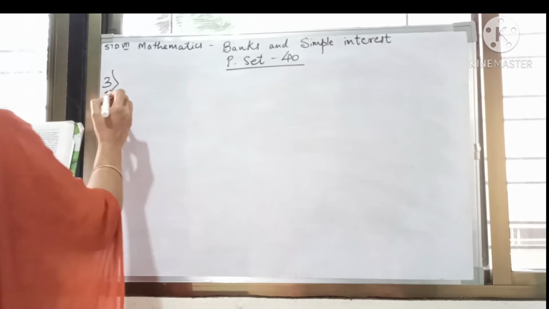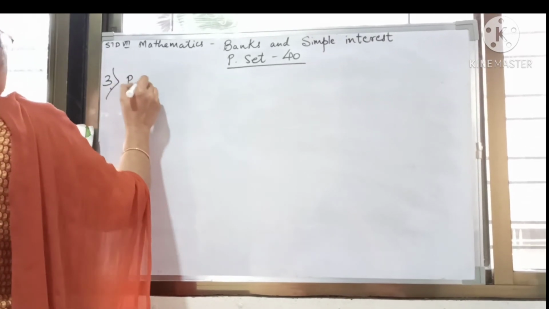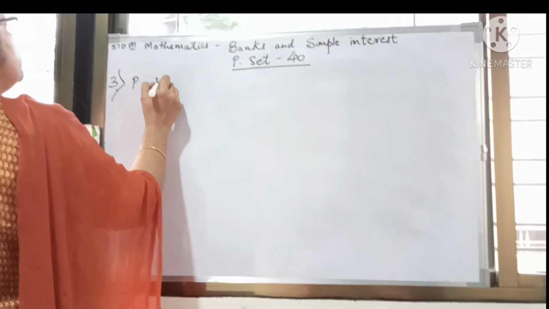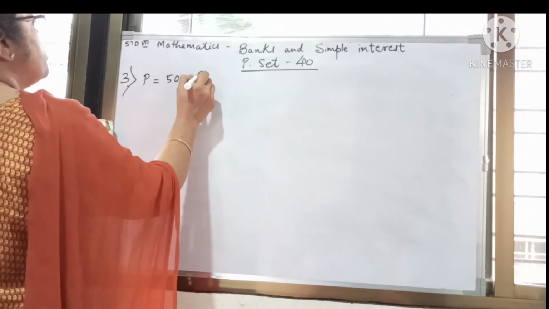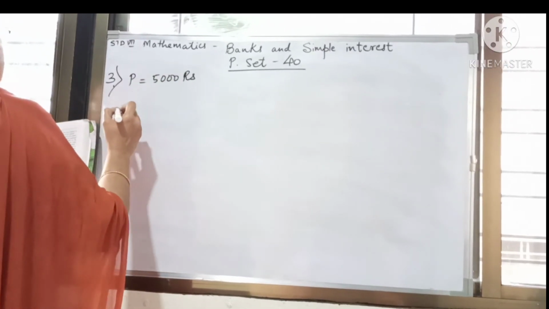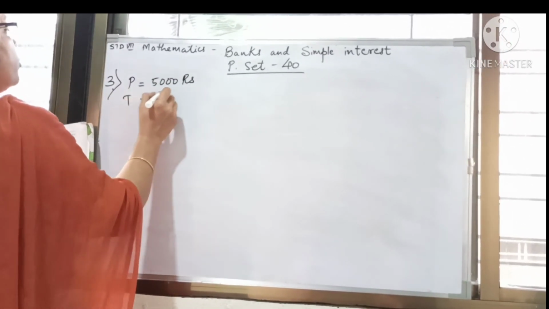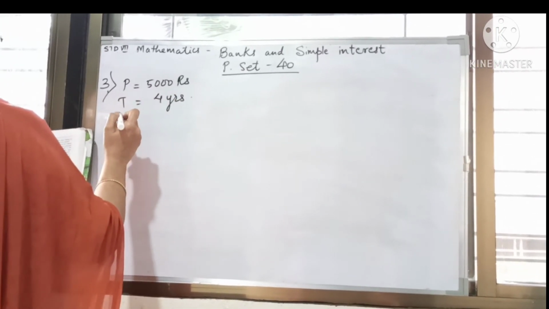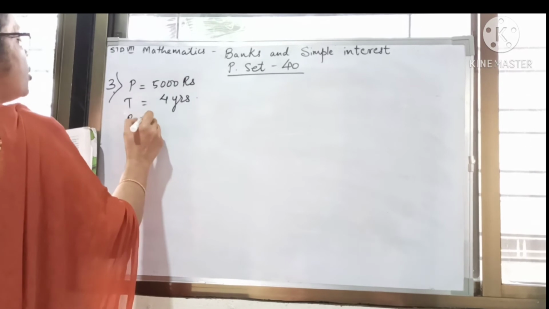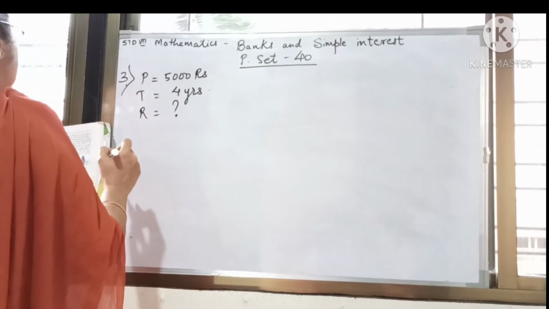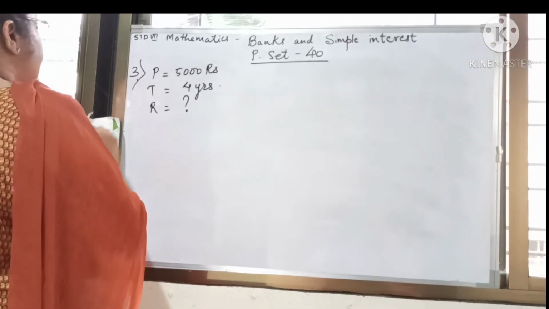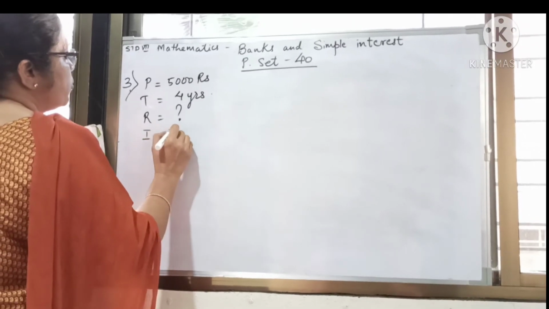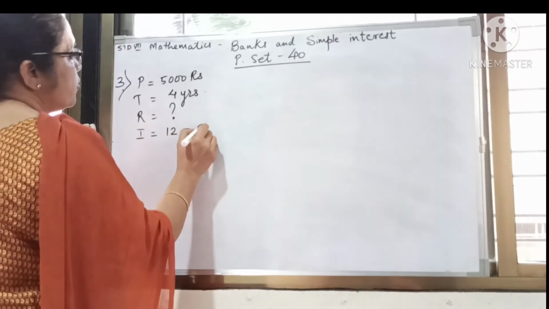Principal is given to you 5,000 rupees. Then time is given to you 4 years. Rate is not given, so you have to find out the rate. And interest is given to you 1,200 rupees.